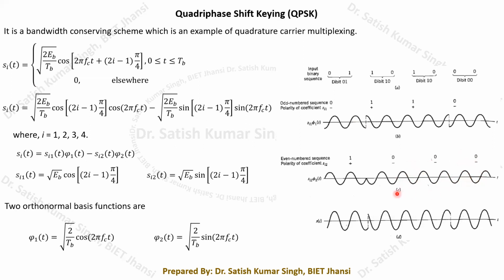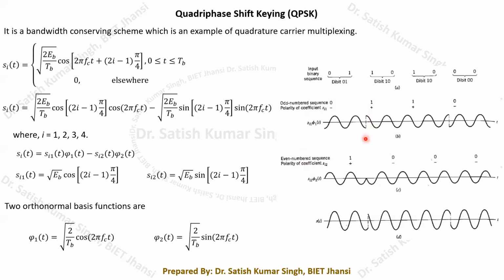Fine. So you can understand that these two waveforms correspond to binary phase shifting waveforms. It is similar to our BPSK signal, because we know that in the case of a BPSK signal, whenever there is a 0 there is a 180 degree phase shift, and whenever there is a 1 there is no phase shift in the carrier.